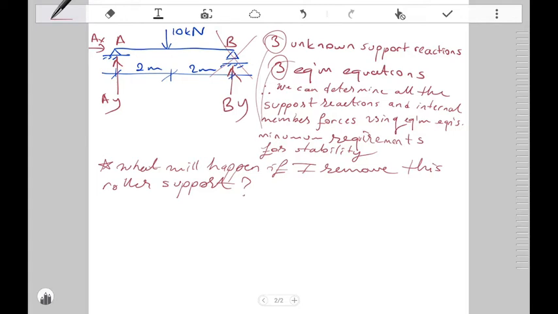How does the structure move? Remember, I don't have any resistance. I don't have enough resistance to avoid motion in the structure. If I remove that support B, it will start to rotate, and this structure will no longer be in static equilibrium.